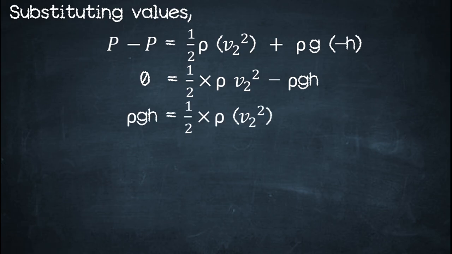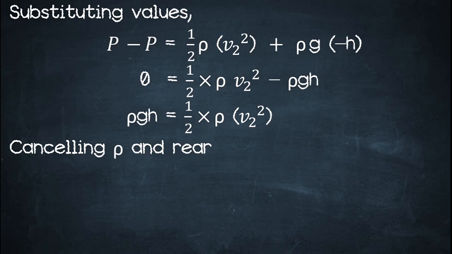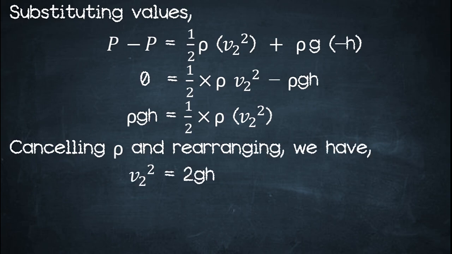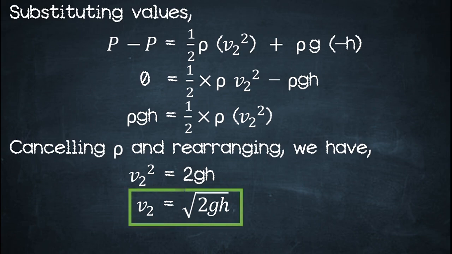We will get this result, and cancelling rho and rearranging, we have V2 square. Basically 2 will get multiplied over here, rho will get cancelled, and we will have the result V2 square is equal to 2gh. In order to get the value of V2, that is the speed with which the water will flow through the bottom of the bucket, V2 is equal to under root 2gh, which is our final result.